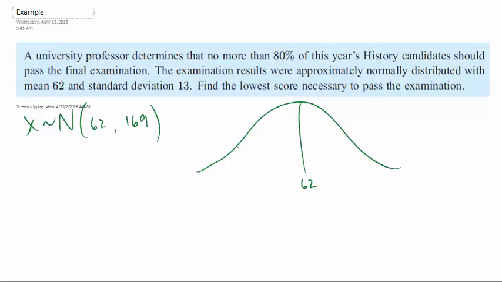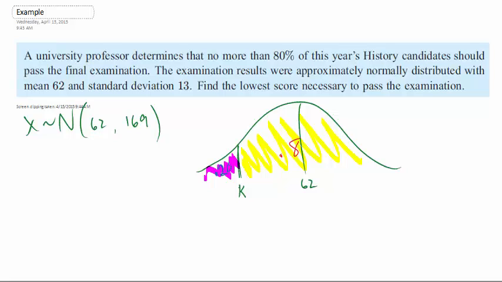Well, the failure spot would be down here. The question is, what's that score? We don't know, but we do know that this is 80%, and by default this is going to be 20%.